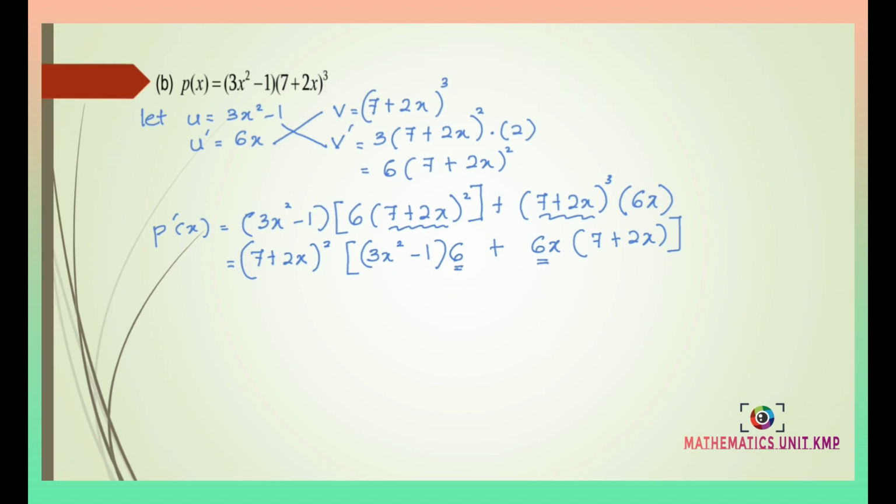Then now we take out the common number here, which is 6. Then rewrite the common factor (7 plus 2x) squared, and then here in the big bracket we have 3x squared minus 1 plus 7x plus 2x squared.